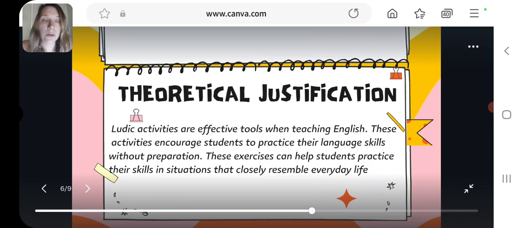Therefore, ludic activities are effective tools when teaching English. These activities encourage students to practice their language skills without preparation, and through these exercises they can practice their skills in situations that closely resemble everyday life.